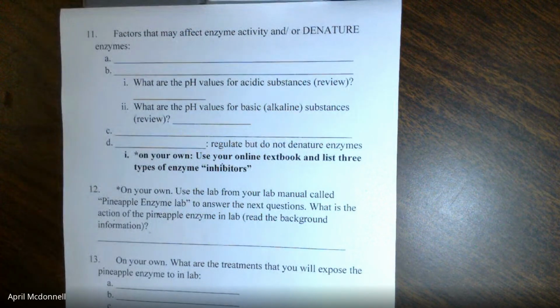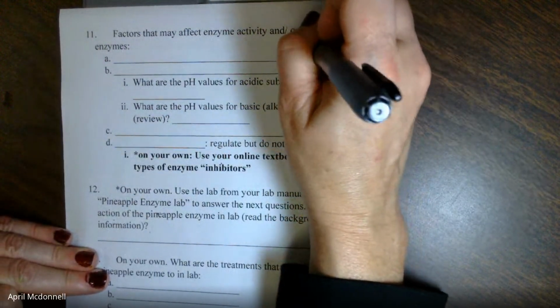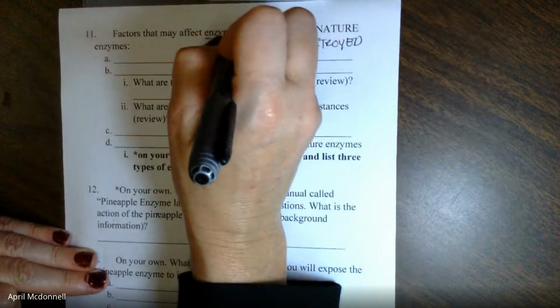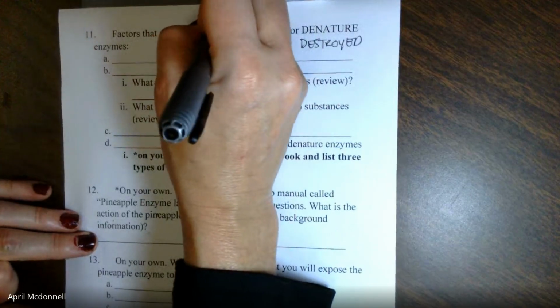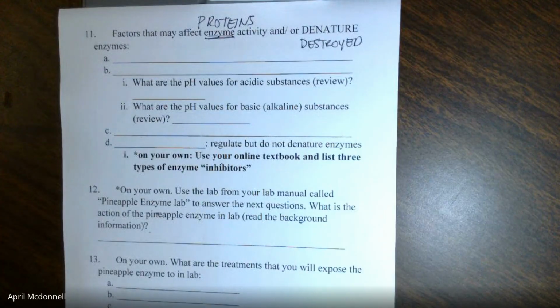But some factors in the environment affect enzymes to the point where the actual structure of the enzyme itself is destroyed. So the term denatured means destroyed. Okay, and let's not forget that enzymes fall into the category of proteins for the most part. And proteins are really sensitive to their environment.